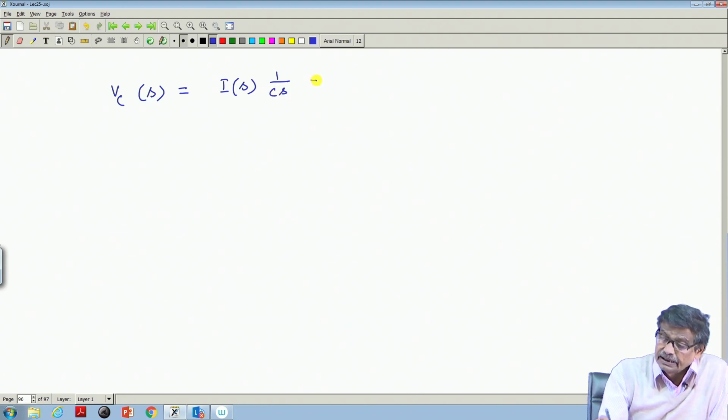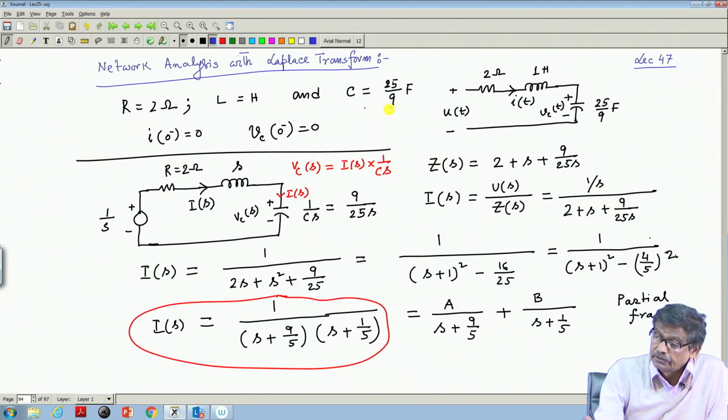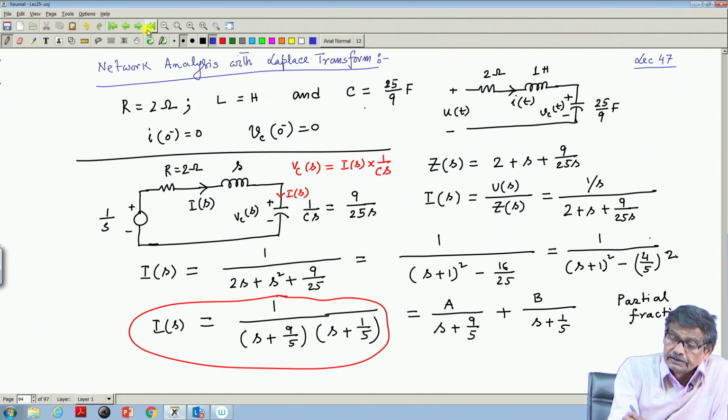Now, 1 over Cs, the C value is 4 by 25, no? The capacitance value, how much was the C value? 25 by 9 was the C value.